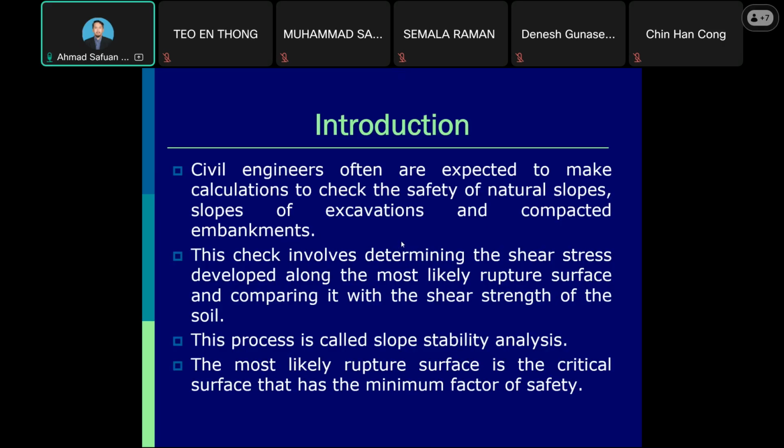So that means in one analysis, there will be a lot of rupture surfaces potentially occurring. So then we need to identify which one is the most critical surface, by having a lot of analyses carried out.